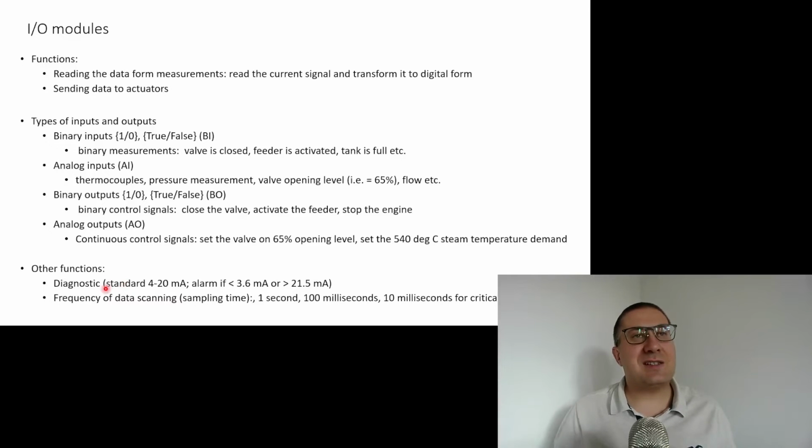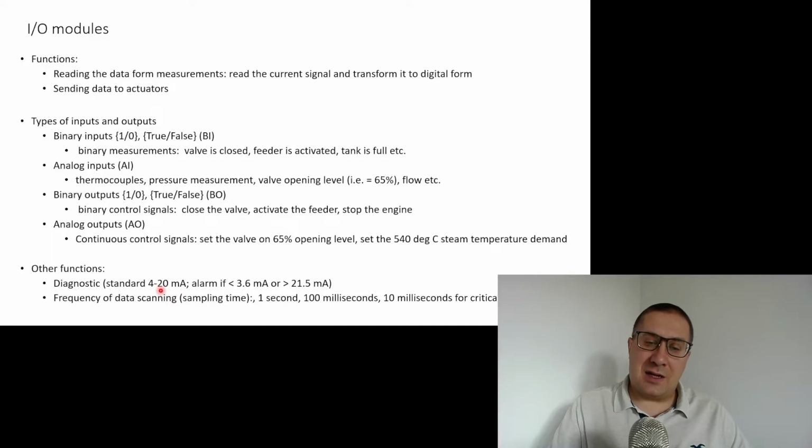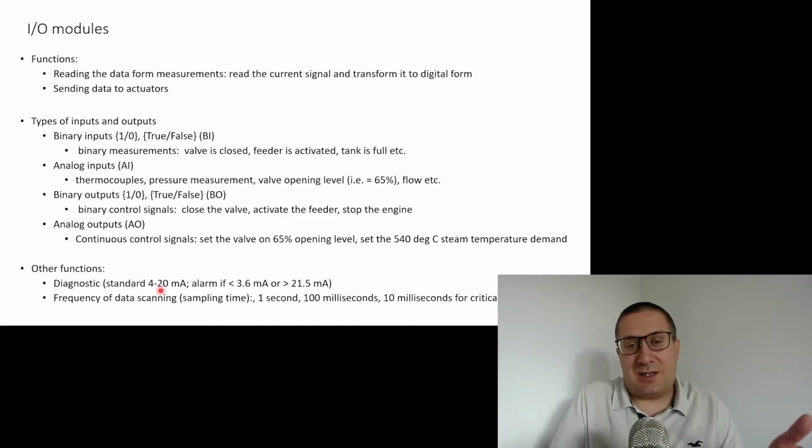So in the DCS system, you don't only have values, but you also have the qualities of this value. The quality can be good, can be bad, can be poor. There are different levels of this quality. But if the quality of the value is bad, it will automatically not be utilized in the control algorithms, because we cannot trust such a value.